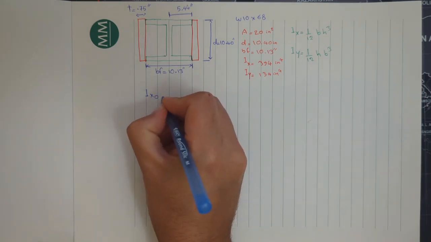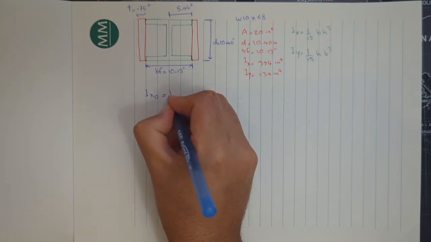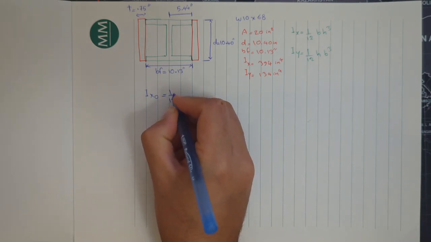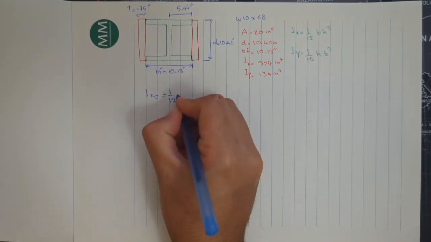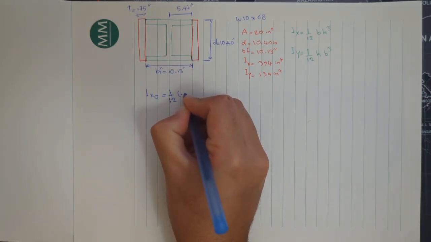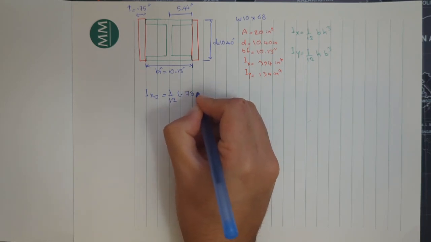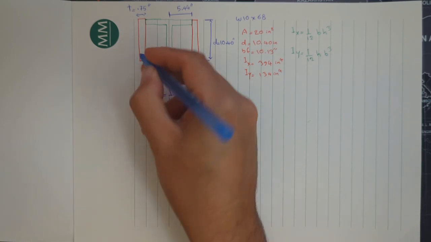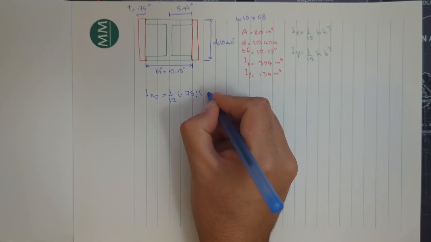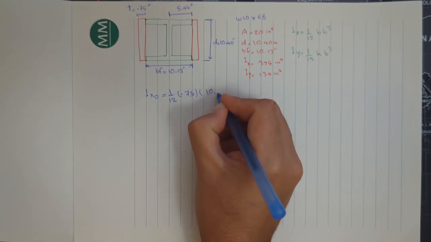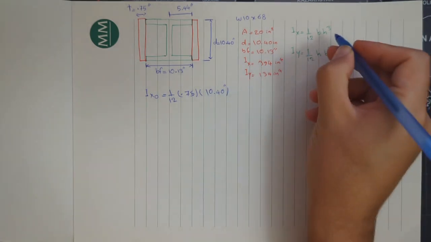Ix of the object is 1/12 of base, the base is 0.75, times the height, 10.40 inches, cubed.